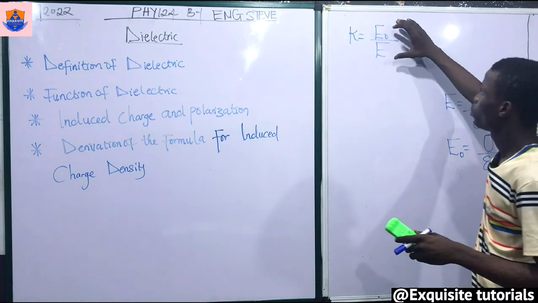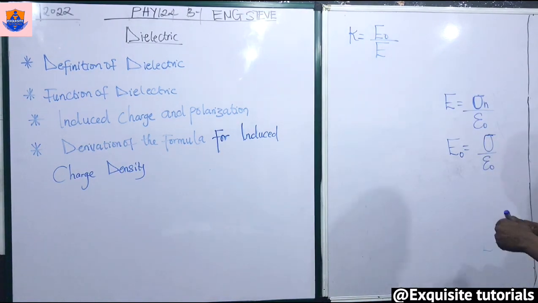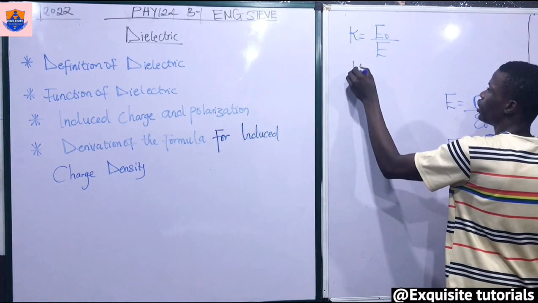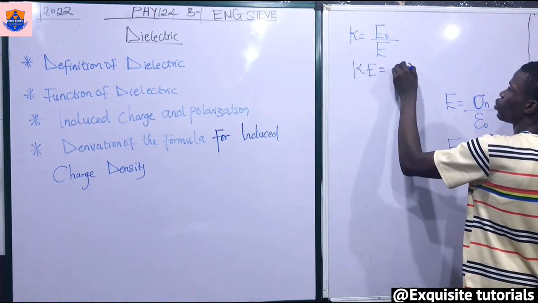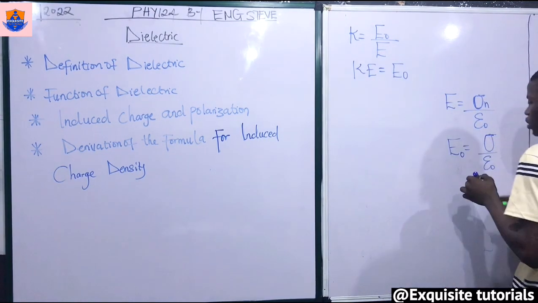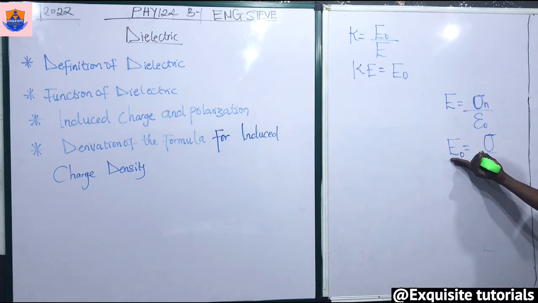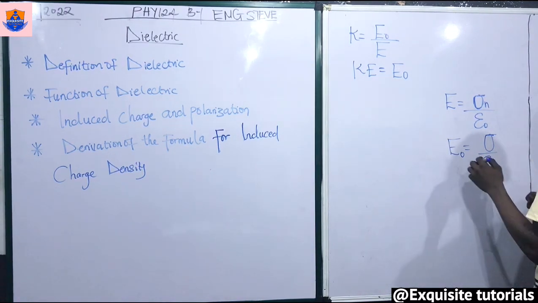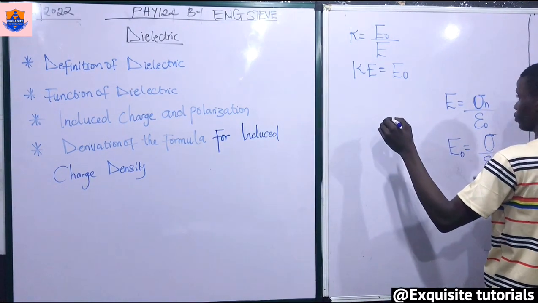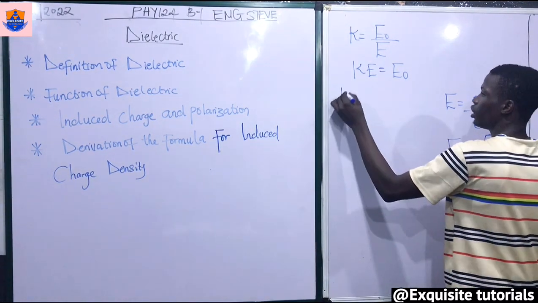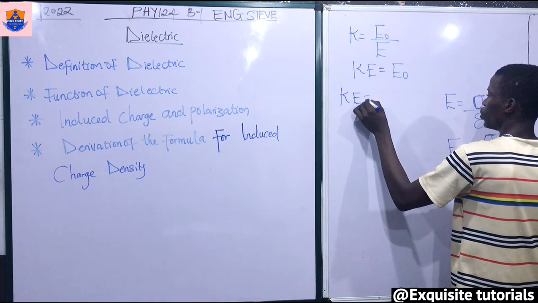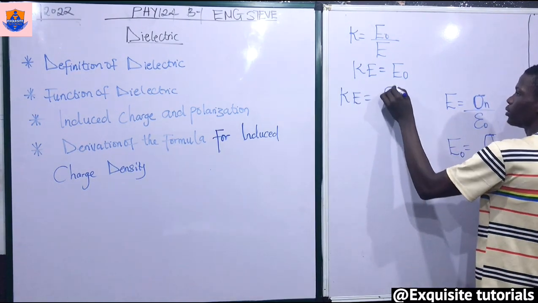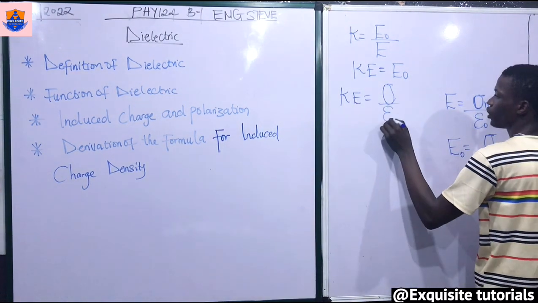So if we are trying to get our E from here, I can say KE is equal to E naught. So fixing that into this formula here, we therefore have that KE is equal to sigma over epsilon naught.